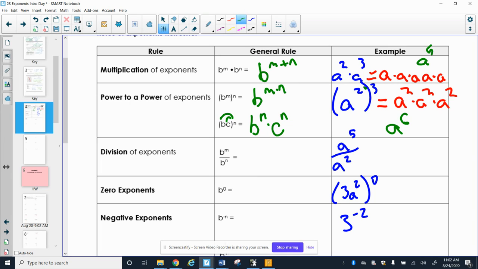Okay, division of exponents. So let's again try to get to what a general rule would be. Like if we had a to the fifth divided by a squared, that's really saying we have 5 a's on top. We have 2 a's on bottom. Well, if we were going to simplify that, we could cancel 2 pairs of these a's.